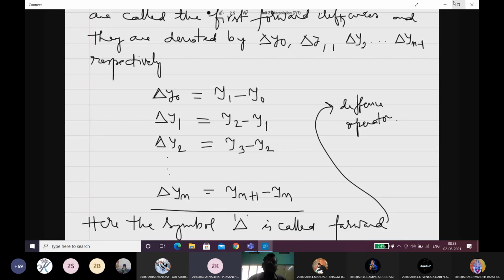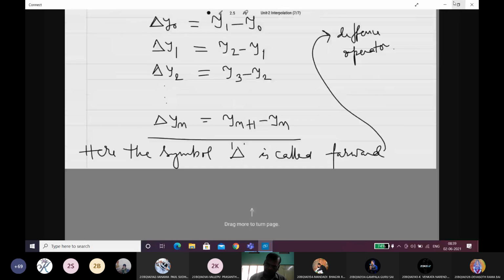These are all in the first degree. Therefore, we call this the first forward difference operator. Similarly, we define the second forward difference and higher order forward differences that we have to see.